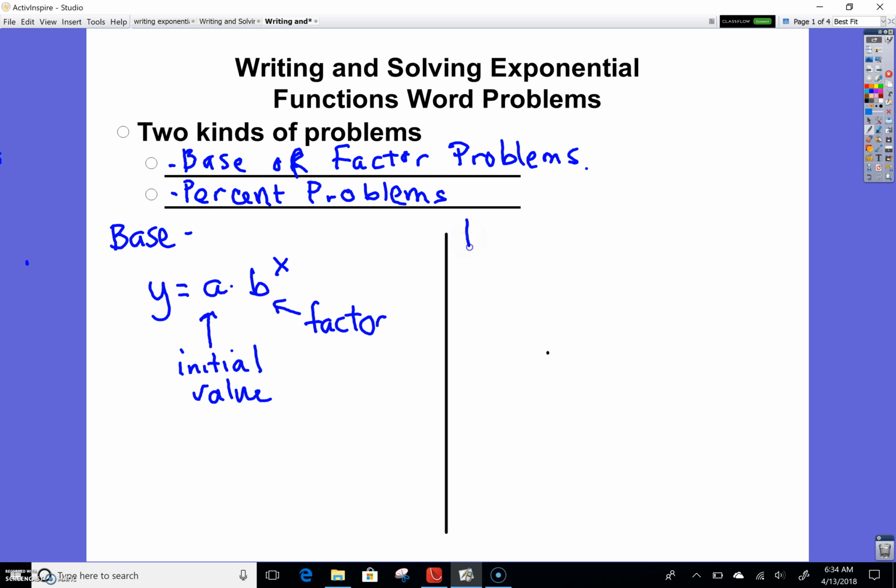The percent problem is a little bit different. It's going to be the same here: you still have y equals, and you still have your initial value.